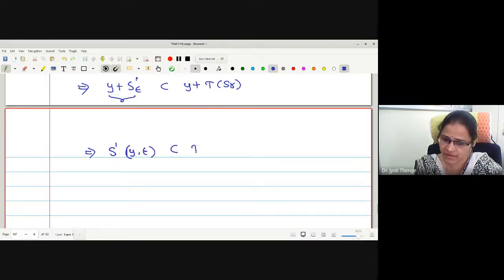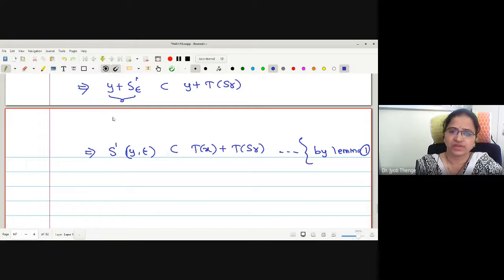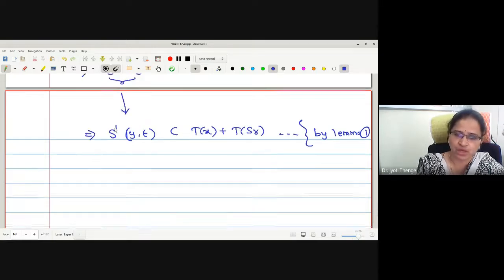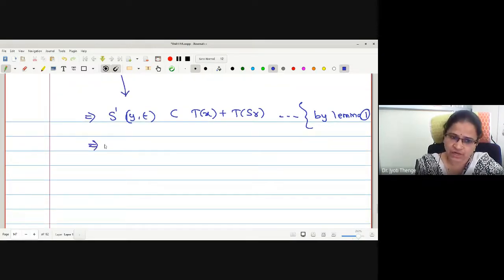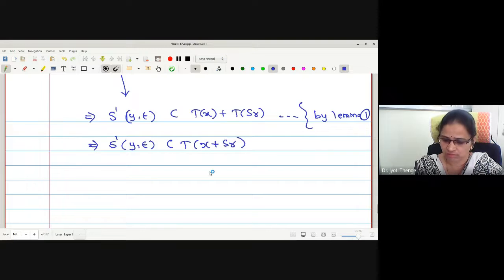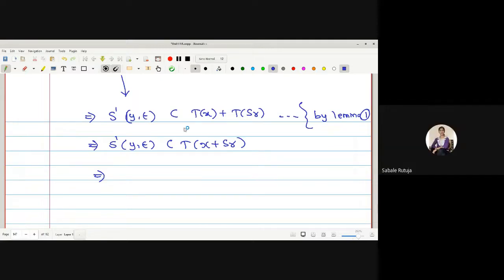And this Y is the T image, Y equals T of X, and T of SR. Reason: lemma 1 again. Now knowing T is linear, what can I write about the right hand side? Is it T of X plus SR? Is it okay? Yes.